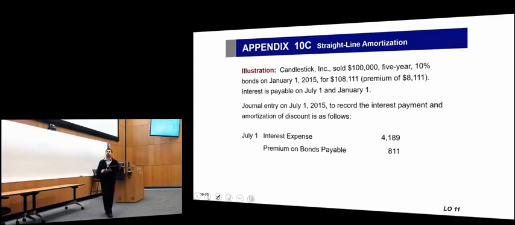So we debit premium on bonds payable, the amortization amount, and we credit cash 5,000. Cash will be credited 5,000, regardless of whether we are amortizing a discount or a premium. This is the amount of cash paid. It depends on the face value and the contractual interest rate. It has nothing to do with the premium or discount. That's the amount of cash paid.